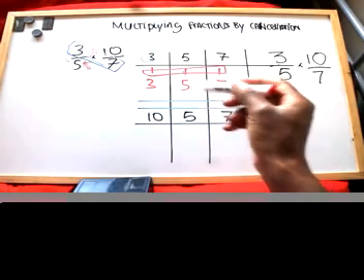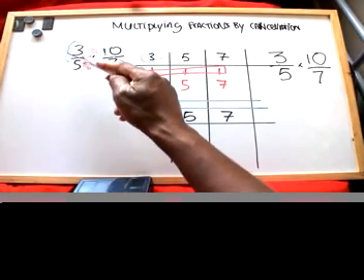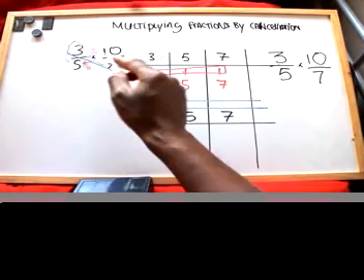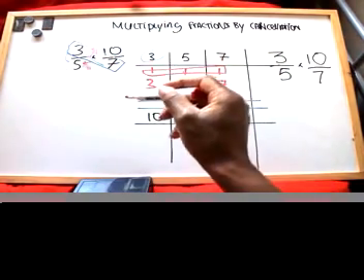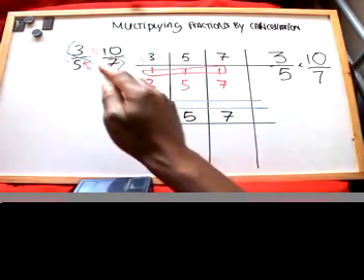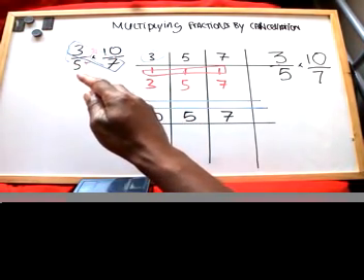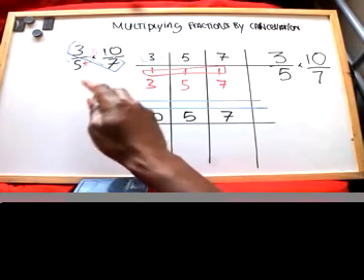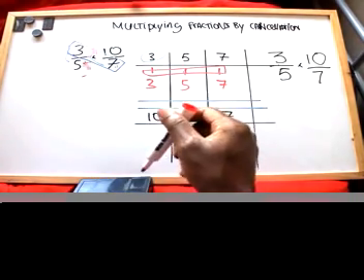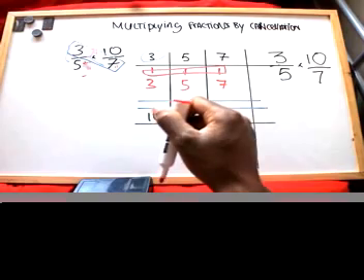So we've tried to look and see if there are any common factors between 3 and 5 and between 3 and 7. That doesn't work. Remember, what we're doing, we're looking at the first numerator and seeing if it has any common factors with either of the denominators. In this case, no, apart from 1, which isn't useful to us.